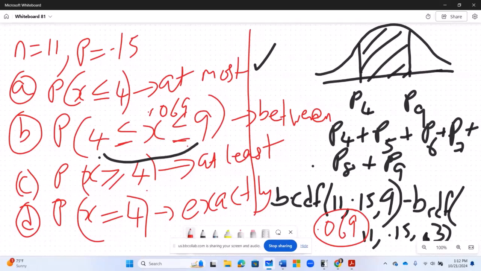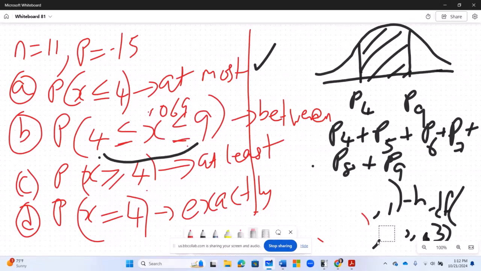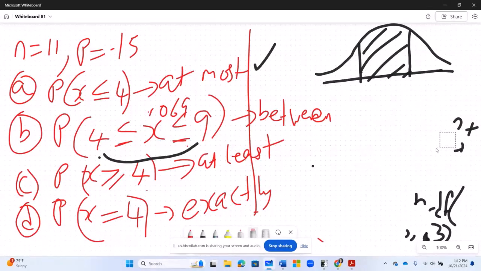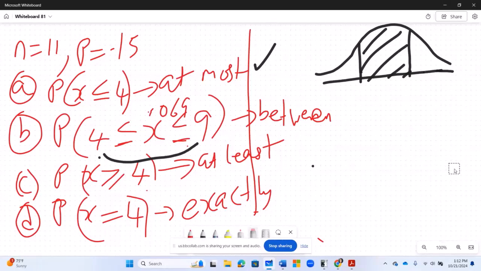All right, so if it starts from 4, let me clear, I'm going to draw some kind of area, and then I will show the area I'm supposed to find. By the way, the sample size is 11, and I am told to accumulate from 4 to 11.